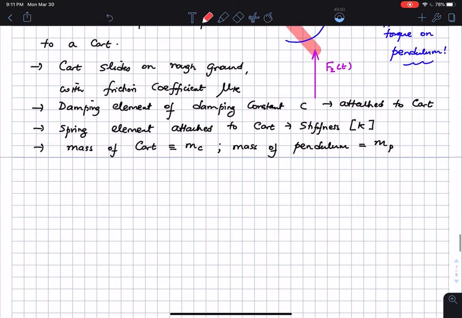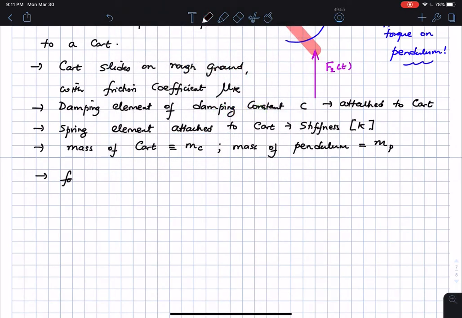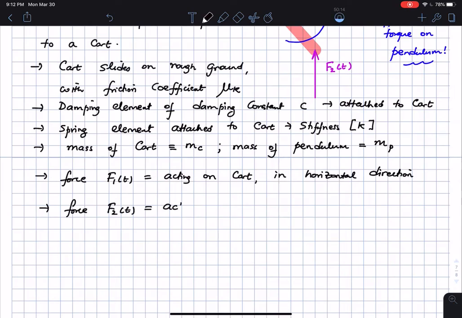That's something that I want to write out as well. So there is a force F1 of T which is acting on the cart in the horizontal direction, and then there is another force F2 of T which is acting on the pendulum in the vertical direction.